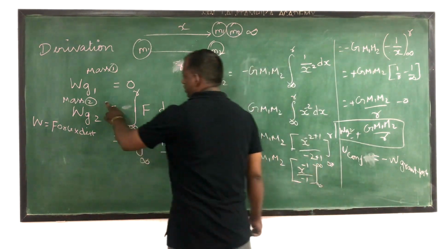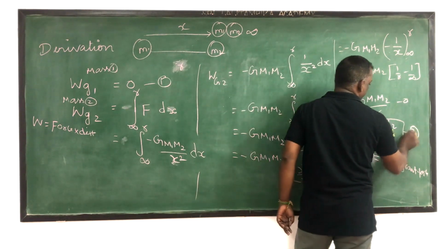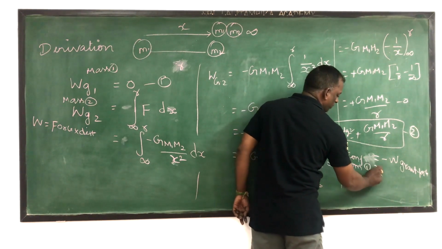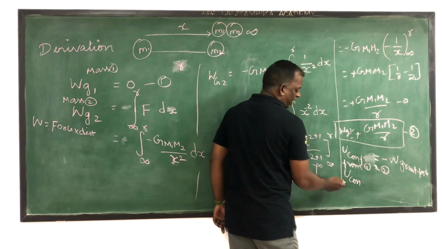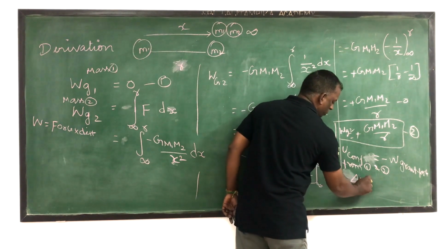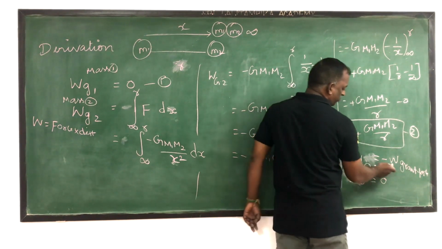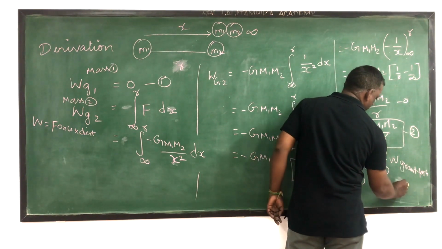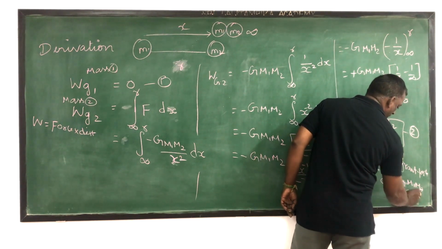So first, gravitational force in equation 1, we can keep this in equation 2. So from 1 and 2, U configuration, or we can write it as potential energy, delta U is equal to minus G m1 m2 by r.